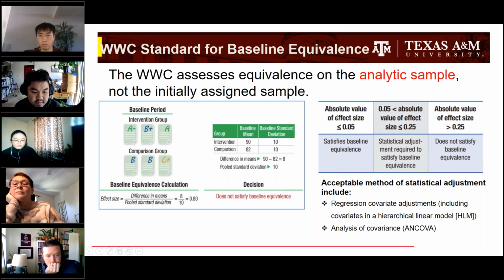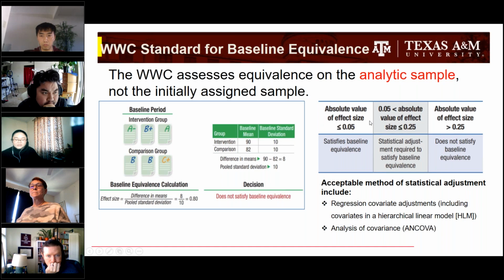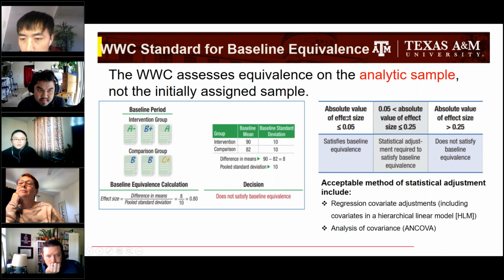And then you refer to WWC standards here. You need to have an absolute value of the effect size less than 0.05. So you establish the baseline equivalence without the need to include the pretest as a covariate.